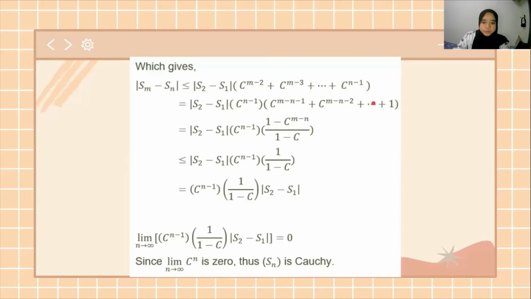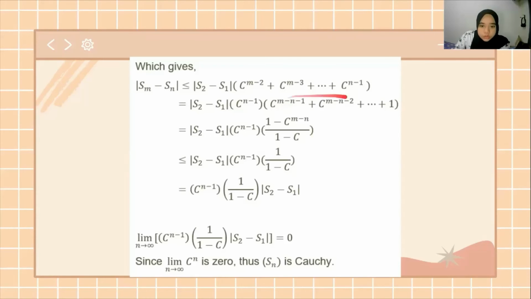So this equation will be equal to the second equation, which is |S_2 - S_1| times the constant.